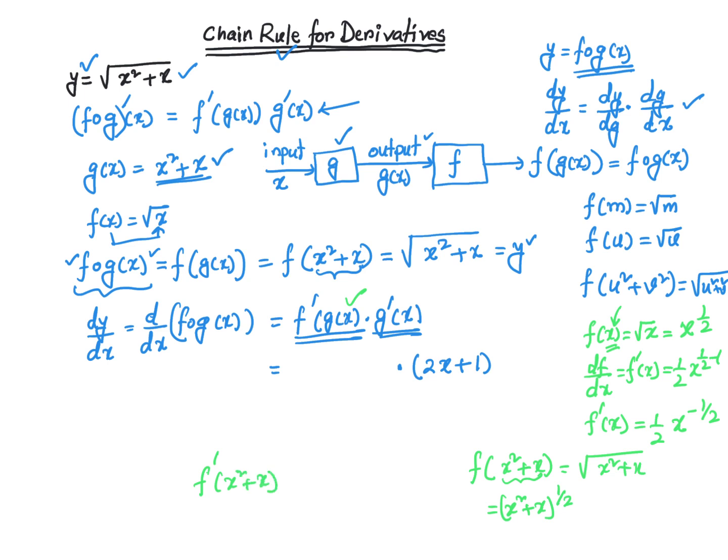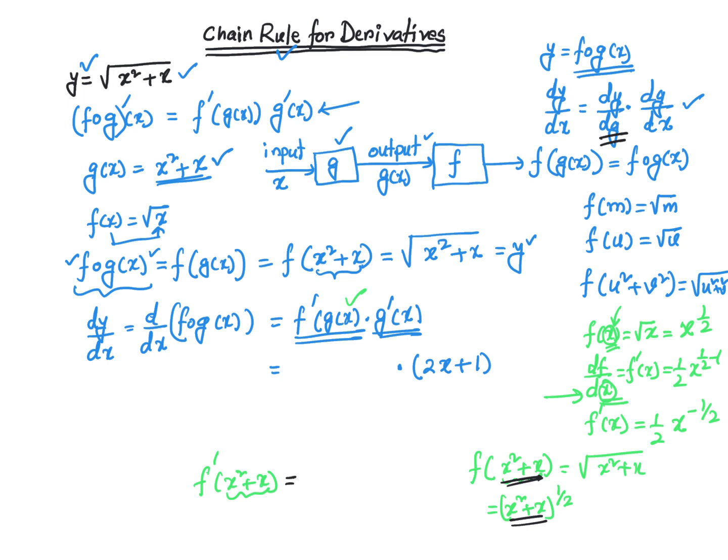I'm taking the derivative of f with respect to x squared plus x, the way I have taken the derivative of f with respect to x right here. My input here is x squared plus x, and I'm going to take the derivative with respect to x squared plus x, which is the same as taking the derivative with respect to g of x.